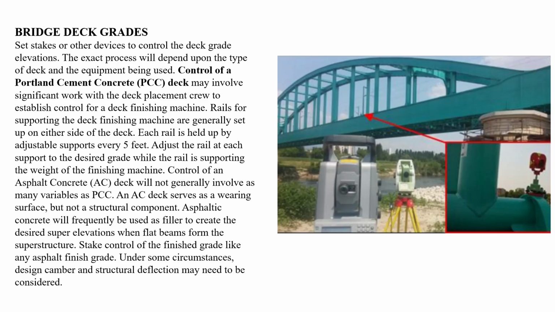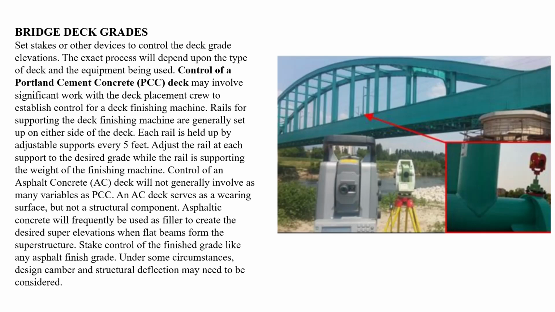Rails for supporting the deck finishing machine are generally set up on either side of the deck. Each rail is held up by adjustable support every 5 feet. Adjust the rail at each support to the desired grade while the rail is supporting the weight of the finishing machine. Control of an asphalt concrete deck will not generally involve as many variables as Portland cement concrete.